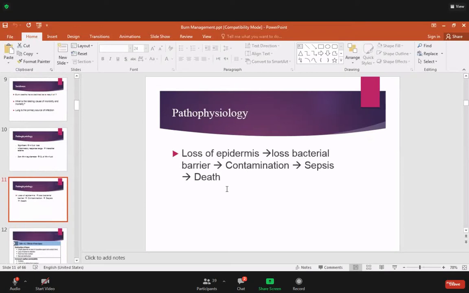Second, the loss of epidermis also causes loss of the bacterial barrier. There is contamination or superimposed infections, leading to sepsis and death. Keep one thing in mind: on the very first day of the burn, the patient is sterile, because the surface area is not yet exposed and is not having any germs. But there is superimposed infection in the coming days, and the first organism to infect is Staph aureus.